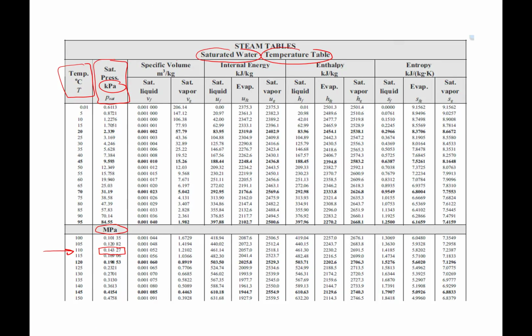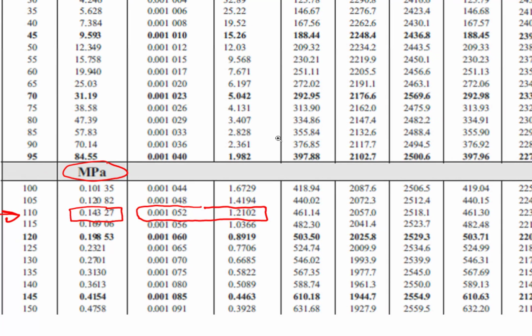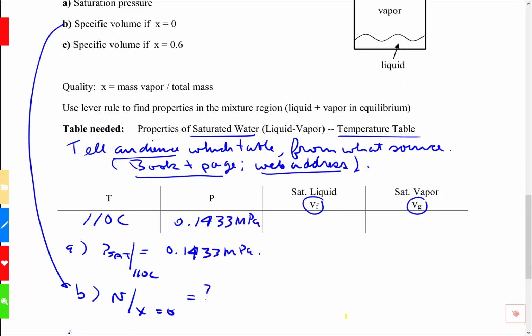So here the next section of the table has a specific volume, and we've got a value for saturated liquid and saturated vapor. Down here at the row that we need is the 110 C, and so those are the values we need. Okay, and so the saturated liquid value is 0.001052, and the saturated vapor value is 1.2102. Let's transfer those to the other document.